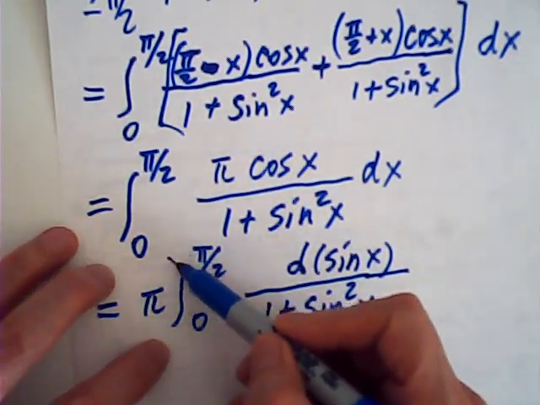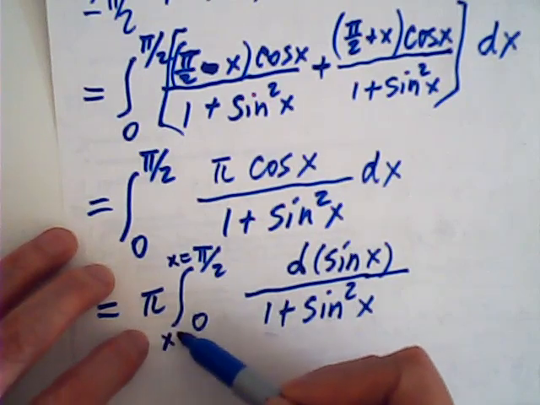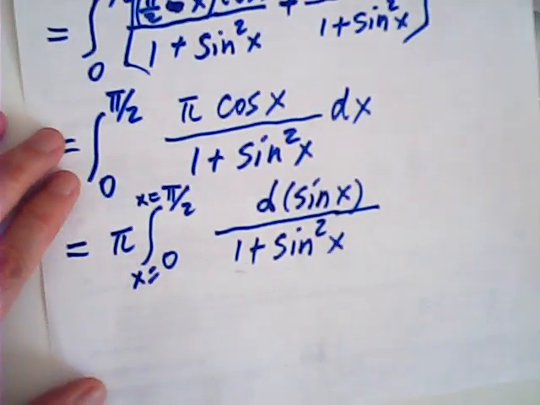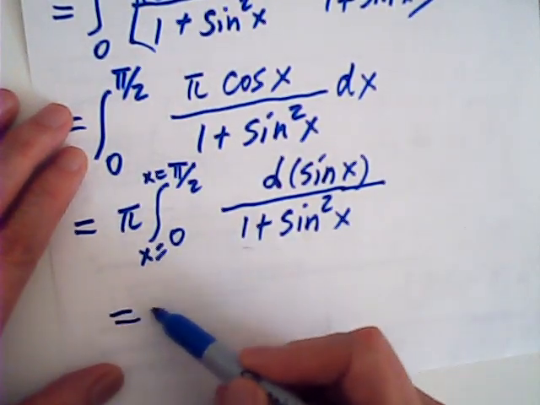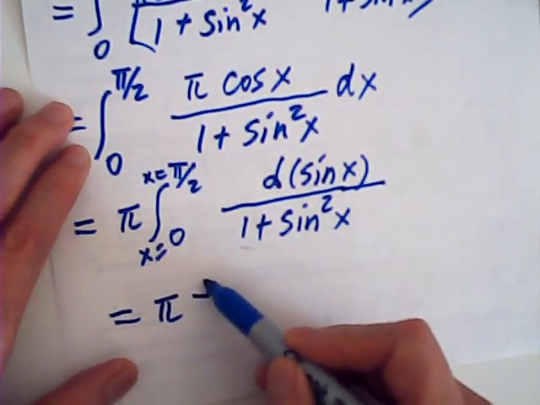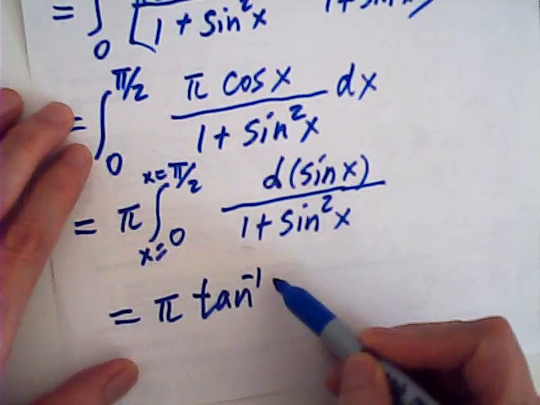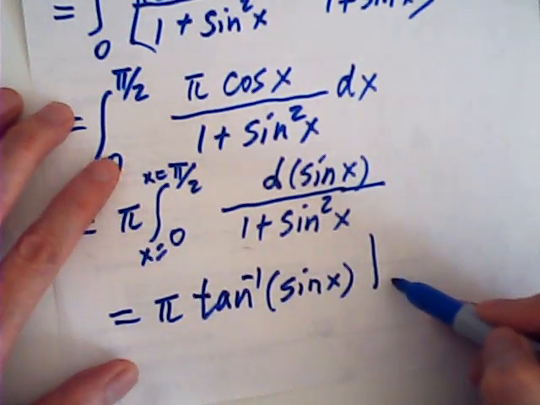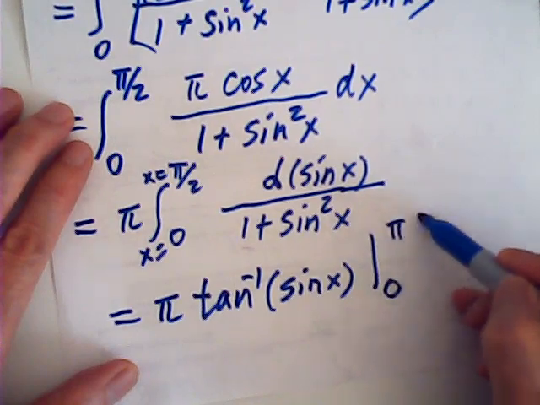Now this is a very nice formula for arctangent, right? So this one is pi times arctangent of sine x, from 0 to half pi.